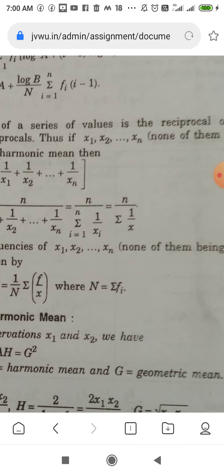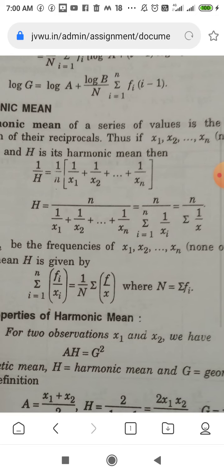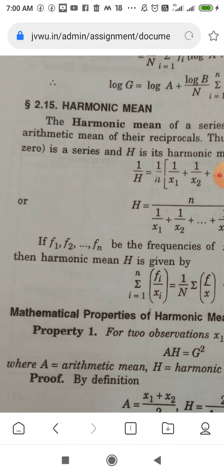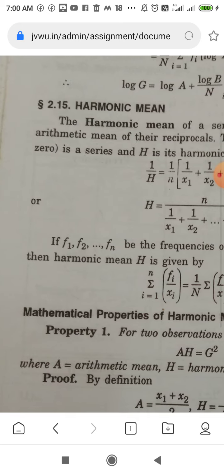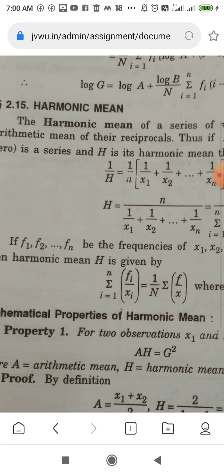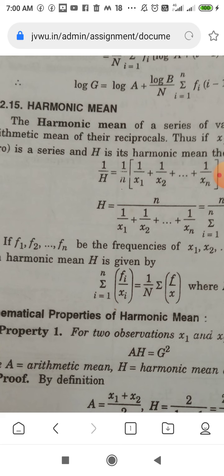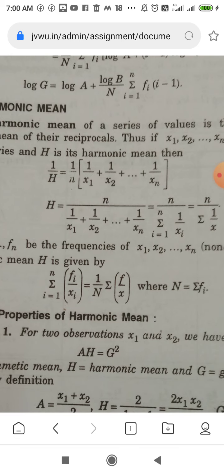If we have x1, x2, ..., xn, n data in a series and h is the harmonic mean, then 1 upon h is equal to 1 upon n, 1 upon x1 plus 1 upon x2 plus dot dot dot 1 upon xn.